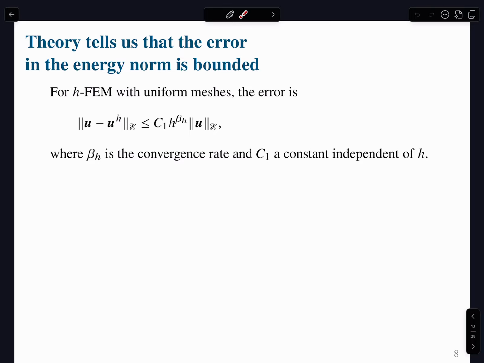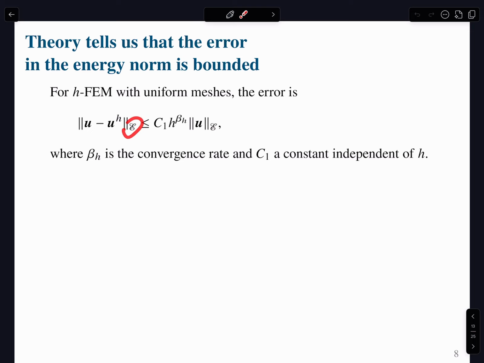Well, if you take a look at h-FEM, the theory tells us that the error is going to be bounded by this expression, right? So if you remember, U minus UH is what we call the error. So U here is the exact solution, and UH is the approximate solution, right? So if I take this guy here and I put it into the denominator, I have some relative error, right? So it's the relative error in the energy norm.